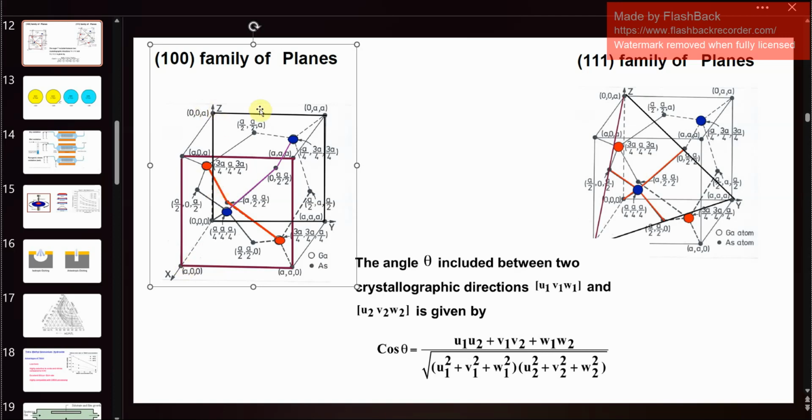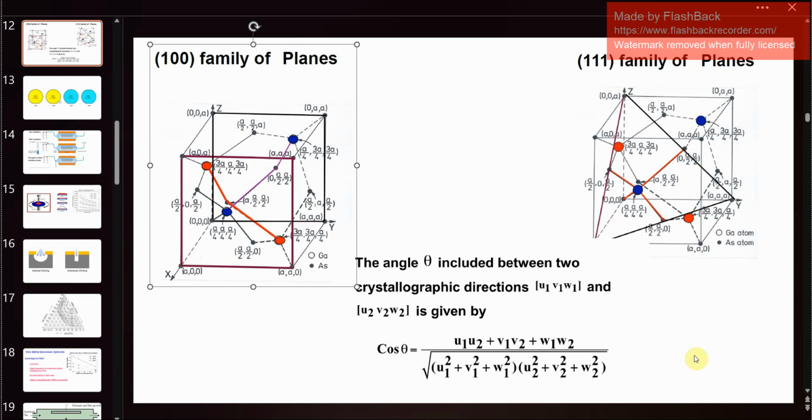If you have a plane from the origin, and you move that plane by one unit, what you get is called the 100 family of planes. That is where you have moved the base plane by one point.